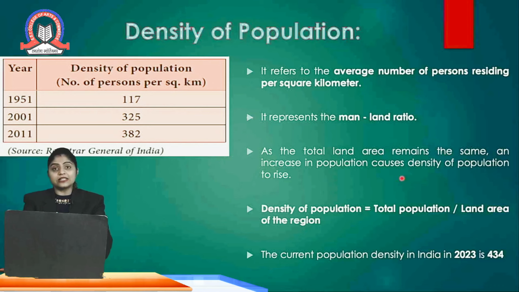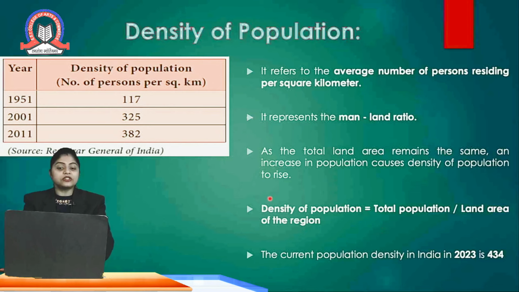We have just 2.4% of the world's surface area, but the population increases every year. So the formula for density of population is total population upon the land area of the region. The land area of the region will remain the same, but the population increases.